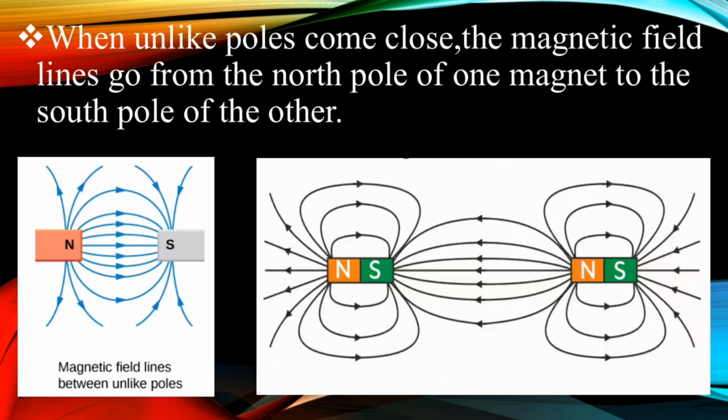As you can see in the figure, when unlike poles come close, the magnetic field lines go from the north pole of one magnet to the south pole of the other. These are the main three characteristics of magnetic field lines.